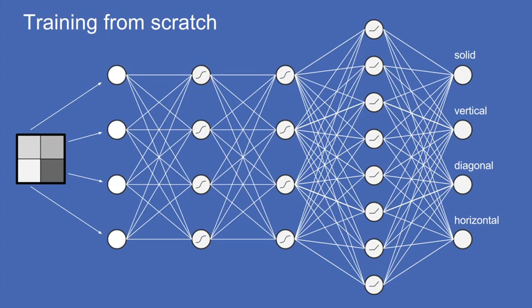We create a completely arbitrary random neural network. We put in an input that we know the answer to. We know whether it's solid, vertical, diagonal, or horizontal, so we know what truth should be, and so we can calculate the error. Then we run it through, calculate the error, and using backpropagation, go through and adjust all of those weights a tiny bit in the right direction.